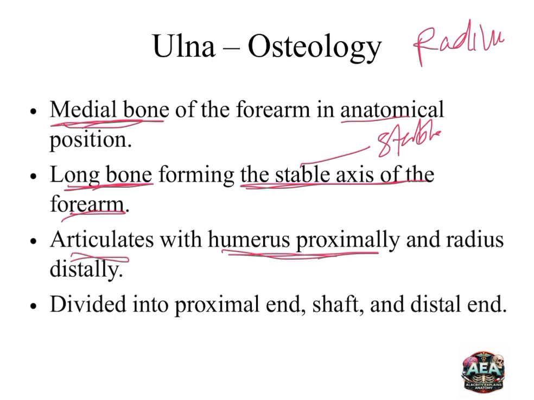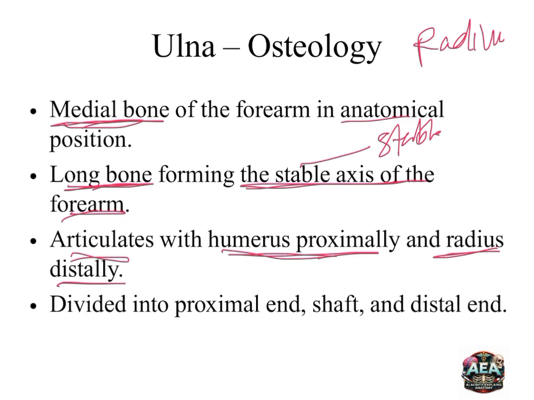They articulate with the humerus proximally and with the radius distally. Remember that in the video on the radius, we said that the radius articulates with the humerus proximally as well as with the ulna.